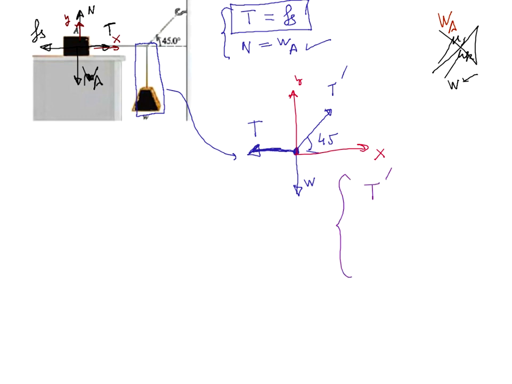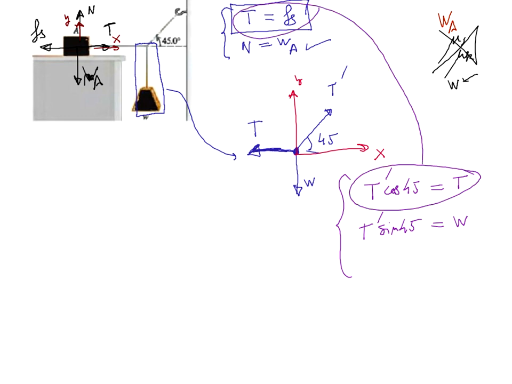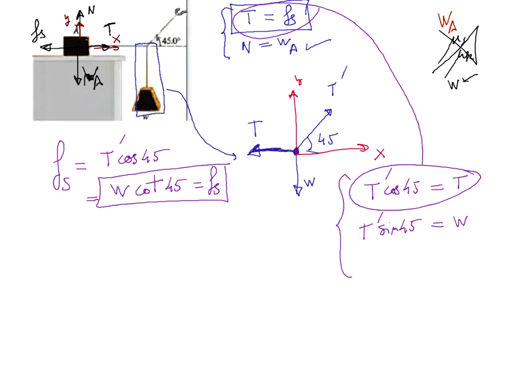So we have T prime cosine 45 is equal to T, and T prime sine 45 is equal to W. If we combine these, we end up with Fs equal to T prime cosine 45, and T prime is W cotangent 45, as we manipulate this equation.